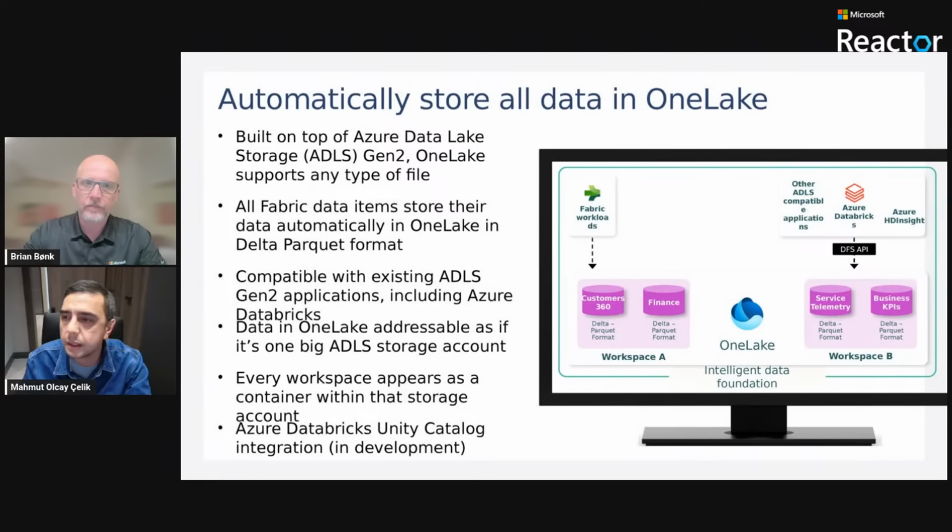So let's talk a little bit about OneLake. At every level, OneLake can support any type of file like Parquet, CSV, TXT, any file you can think of, structured or unstructured. All data items, for example in the data warehouse or Lakehouses, store their data automatically in OneLake in a special format called Delta Parquet format. Data engineers can use tools inside Microsoft Fabric and languages of their choice to contribute to the same data in the data lake.